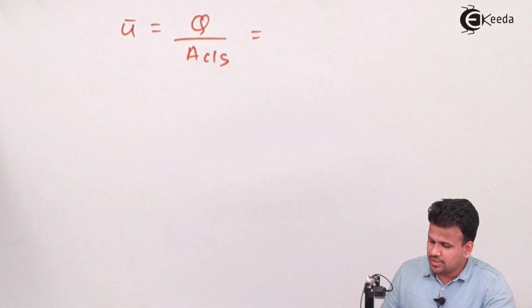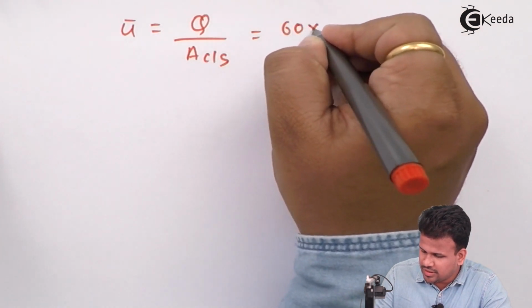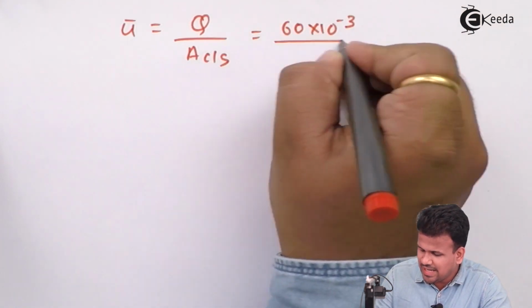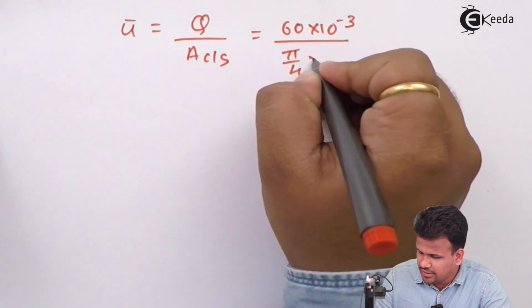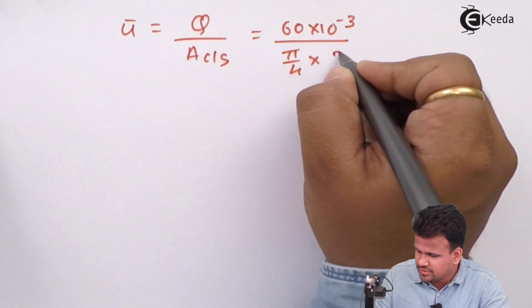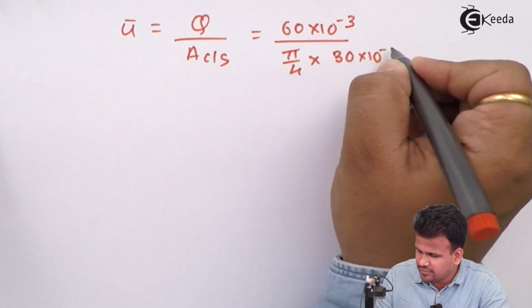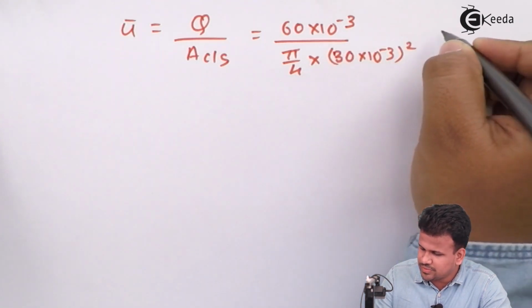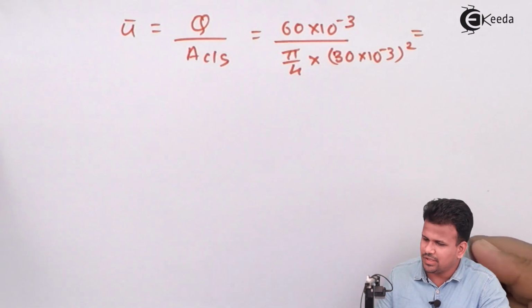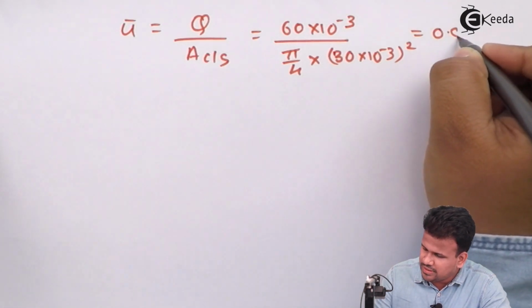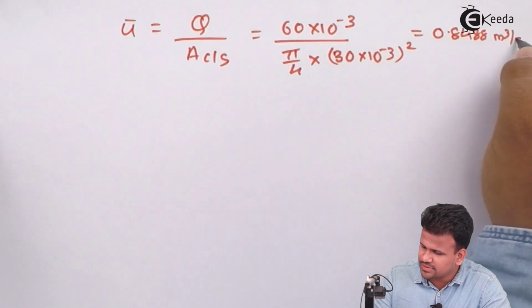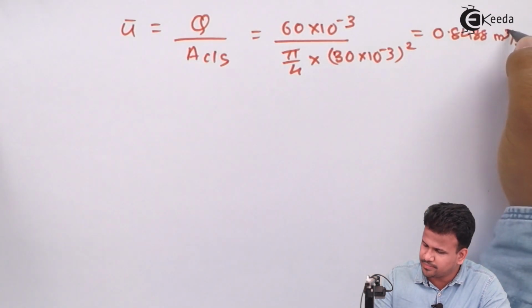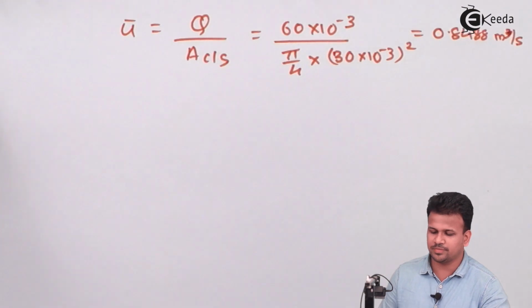Now Q is equal to 60 into 10 to power minus 3, diameter is equal to 30 mm, so that is pi by 4 into 30 into 10 to power minus 3 the whole square. This will give us a value of 0.8488 meter per second.